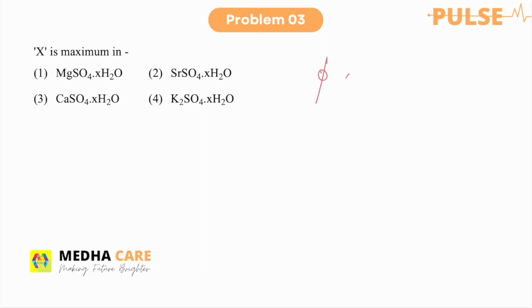Ionic potential is directly proportional to charge on the cation and inversely proportional to size of the cation. So if the charge by size ratio is higher, then the x value will be higher. So you can see in this case the answer will be this one, because magnesium is +2 charge and it is the smallest one. So that's why in this case the answer is 1.